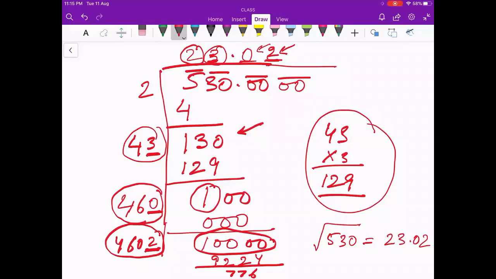But here we have calculated the final answer up to 2 decimal places only. Even if we carry it further, we will not get 0 as remainder at any stage. Now we will take one more example. That example will be finding the square root of a decimal number. You will understand this topic much better then.